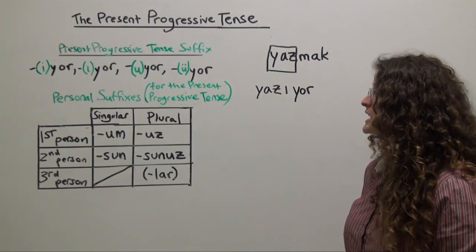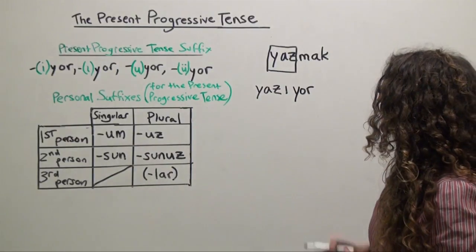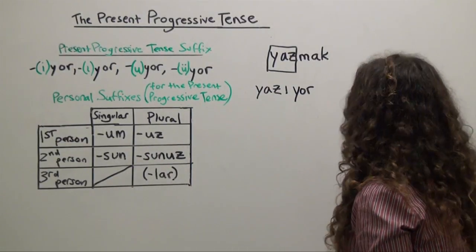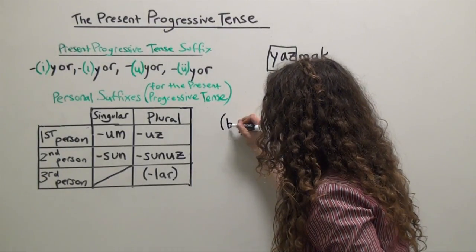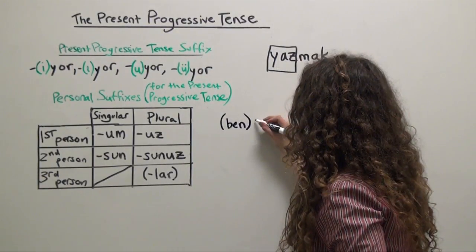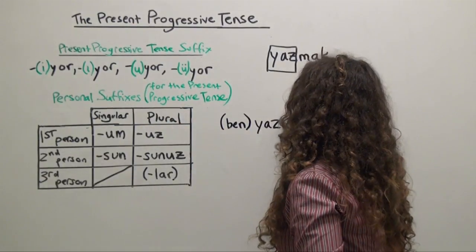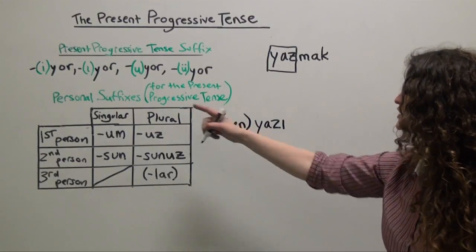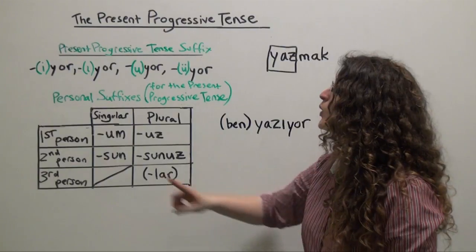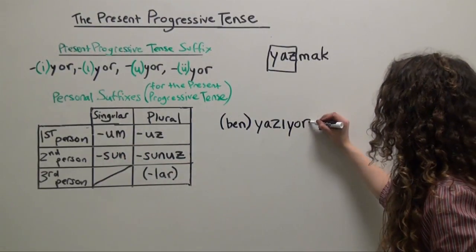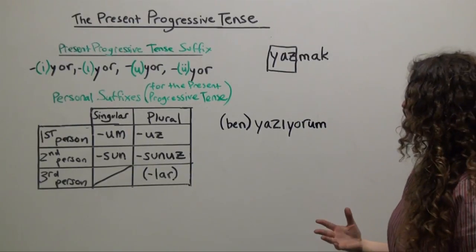To this, we're going to add one of our personal suffixes. So let's start with the first person singular. So ben, I, yaz, verb stem, ı, buffer vowel, yor, present progressive tense suffix, um: yazıyorum, I am writing, or I habitually write.